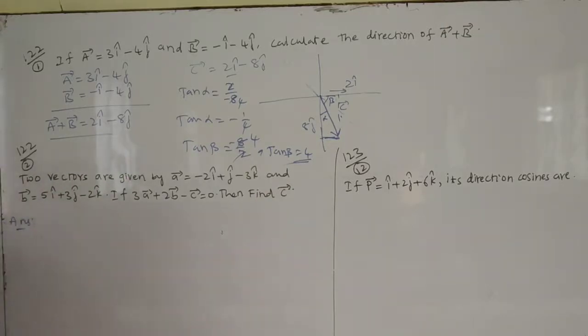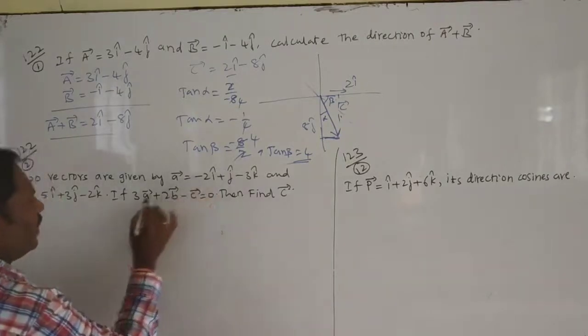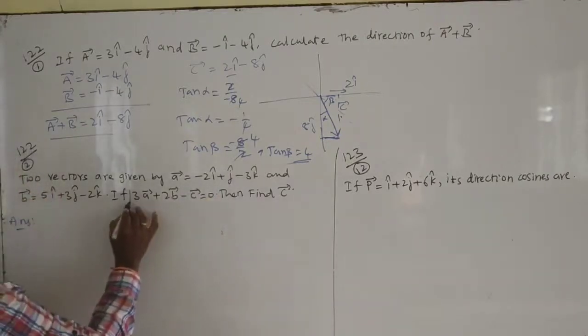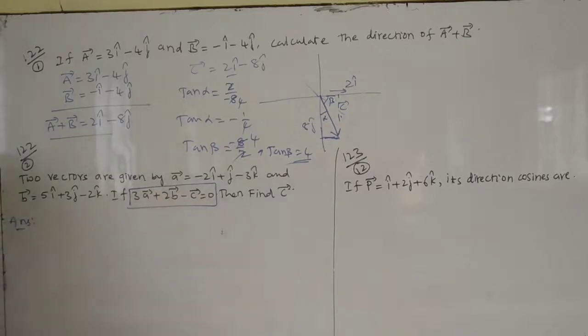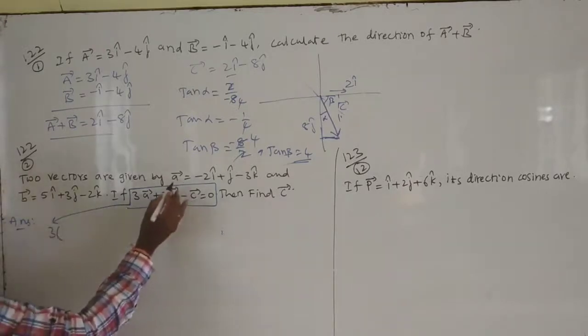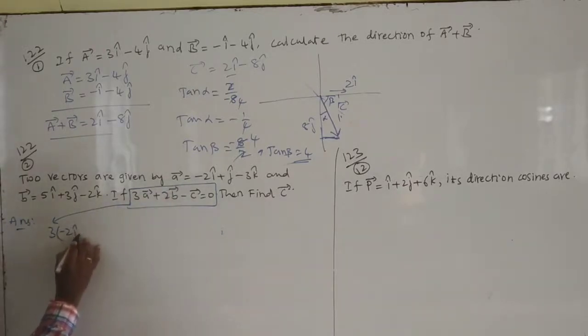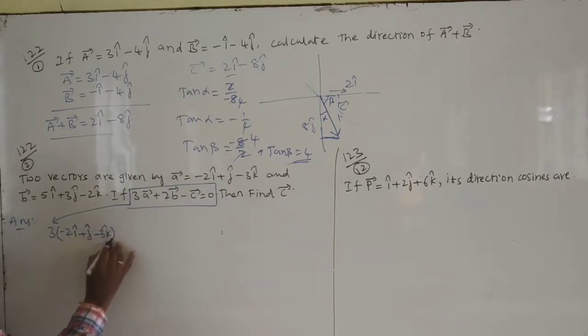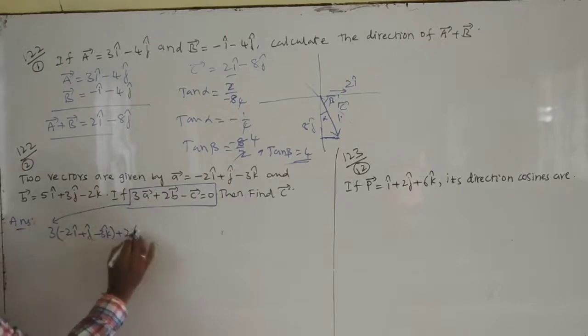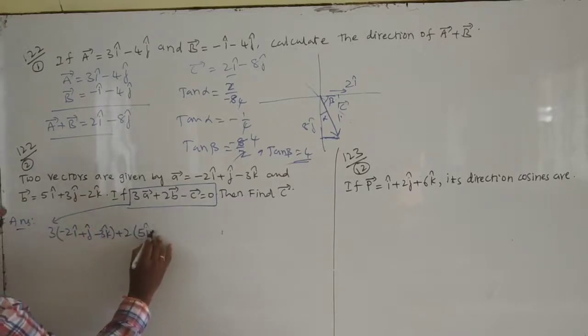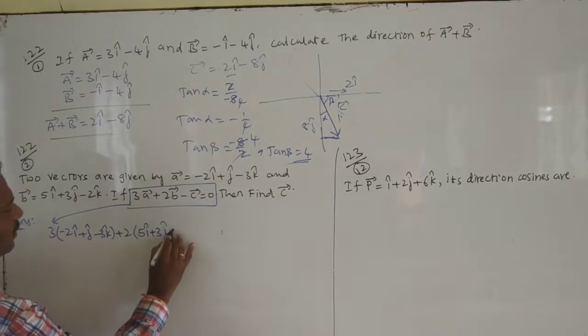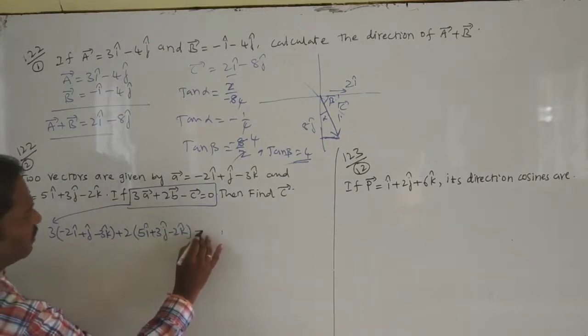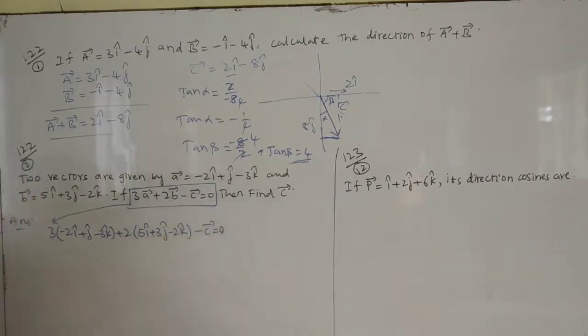Here two vectors are there, a bar and b bar. This condition is given. Then find the c bar. First, in the condition I am writing 3 into a bar minus 2 I cap plus j cap minus 3 k cap plus 2 into 5 I cap plus 3 j cap minus 2 k cap minus c bar equal to 0.